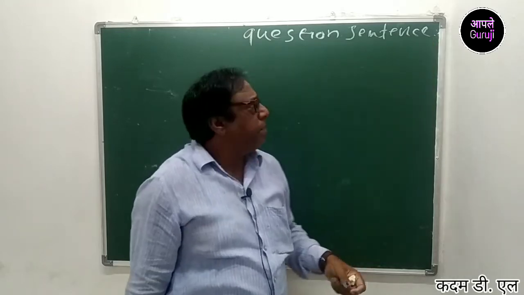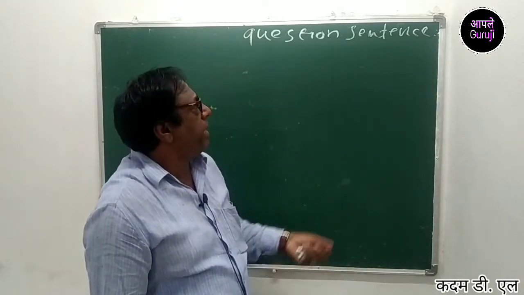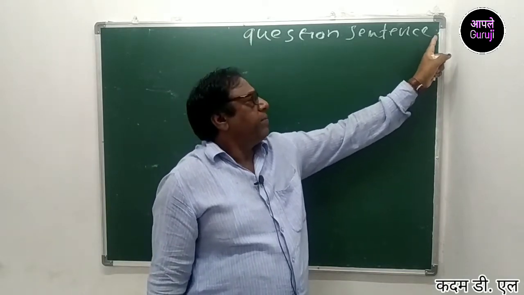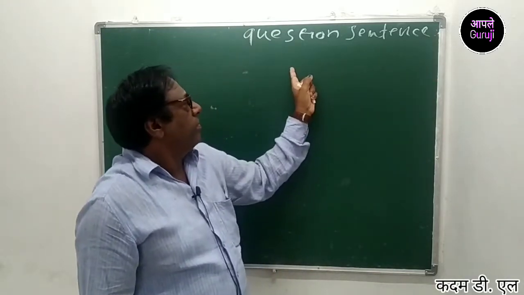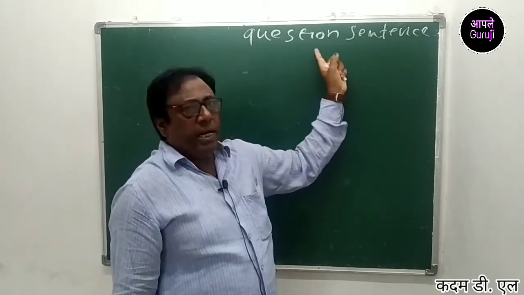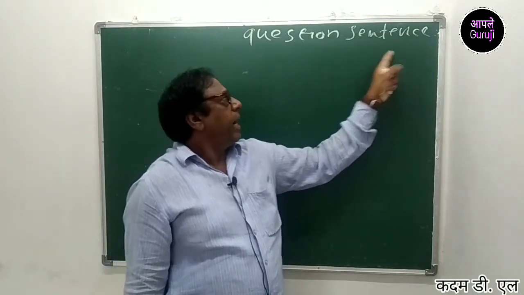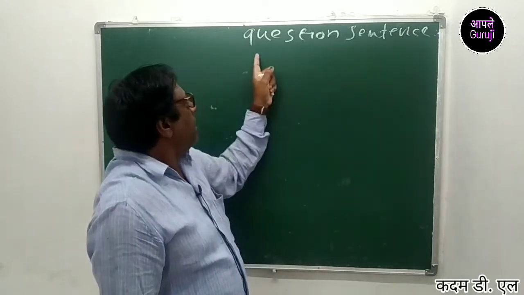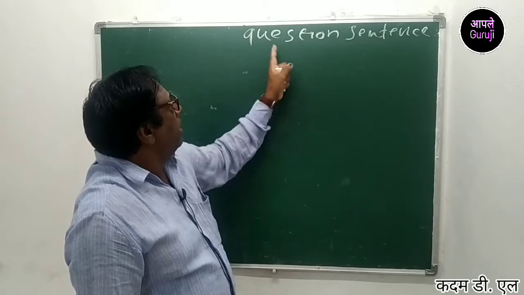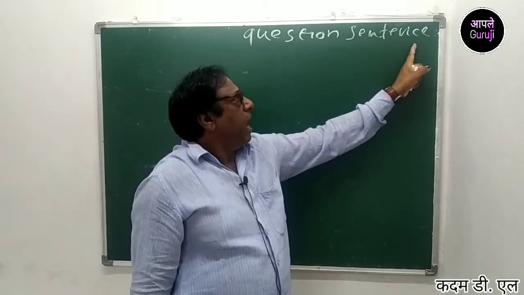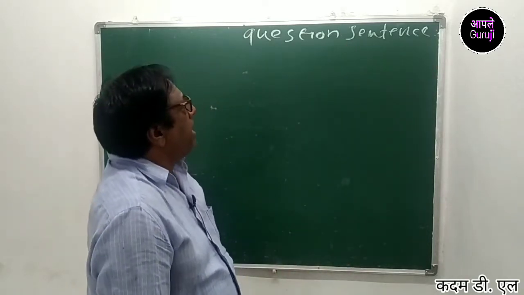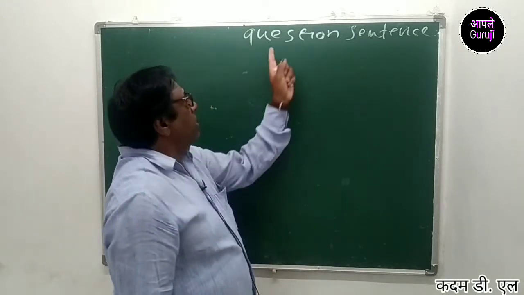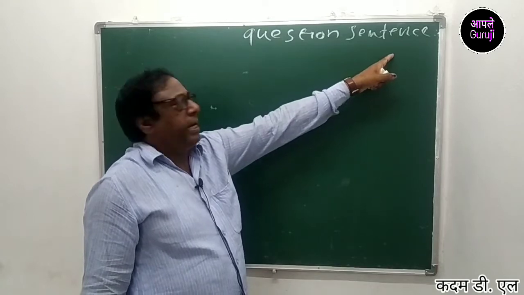Each and every person can speak in 3 or 4 types of sentences: positive, interrogative, imperative, imperative negative, and question negative. So now I am going to deal with the question sentence. How we make the question sentence, and how we use it in day-to-day life.